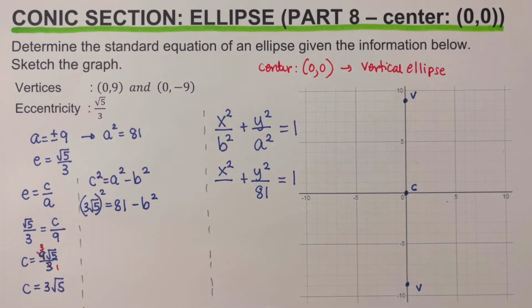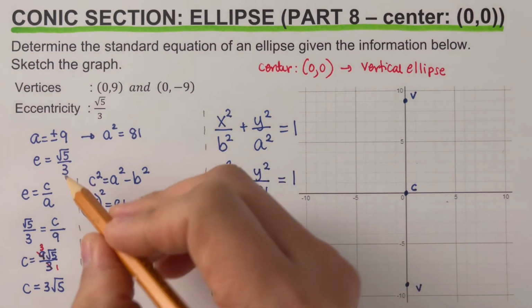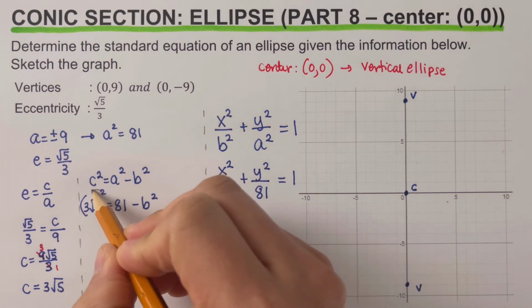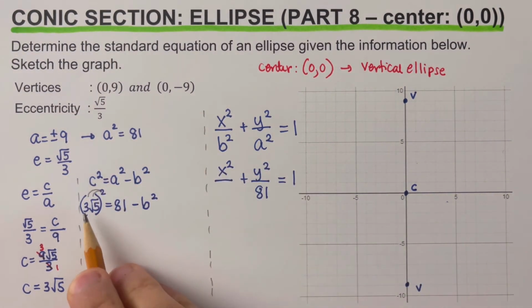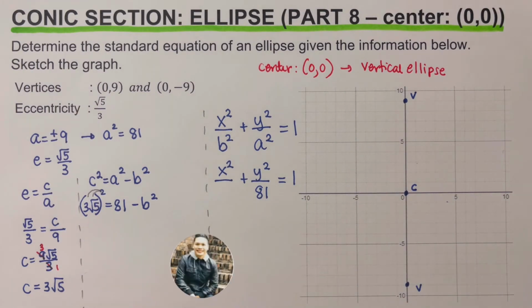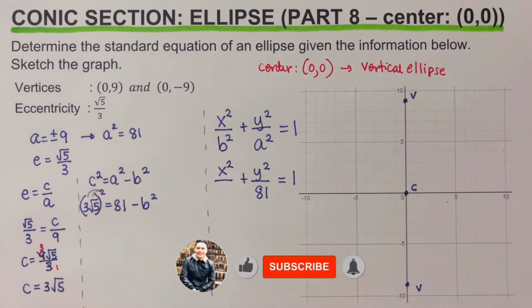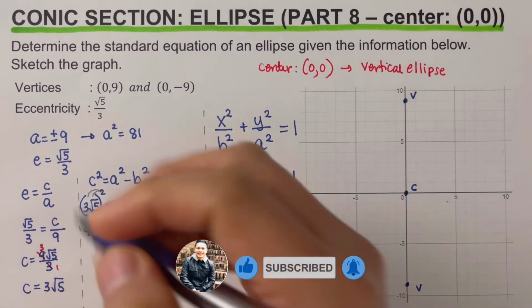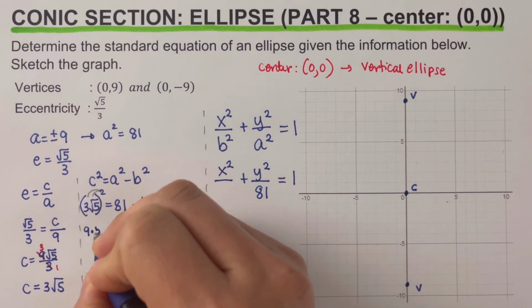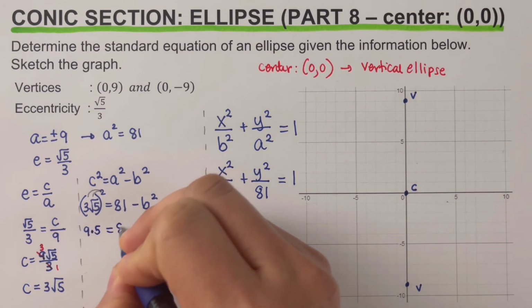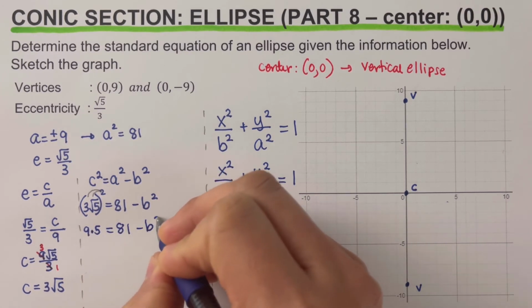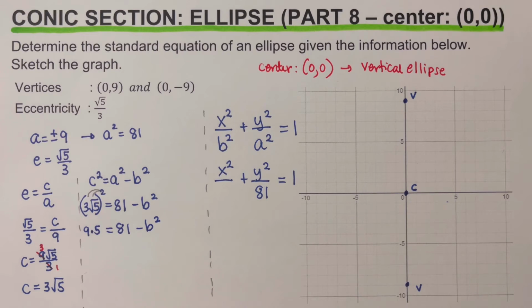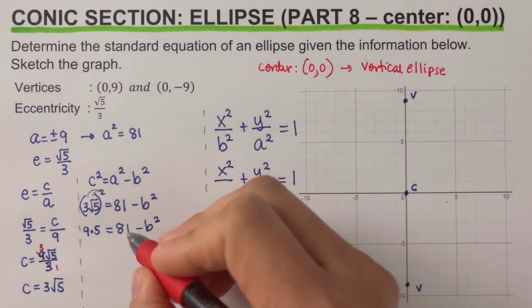So we can simplify this further. We remember that we distribute the 2 to each of the parts right here. So square of 3 is 9, so I'm going to write 9 right here. And then square root of 5 squared is just 5. So I write 5. And that is equal to 81 minus b squared. So I can add b squared to both sides so that we can solve it and make it positive.